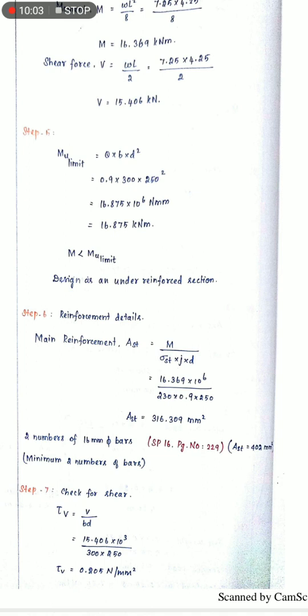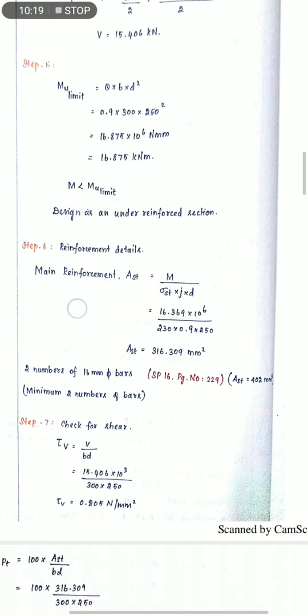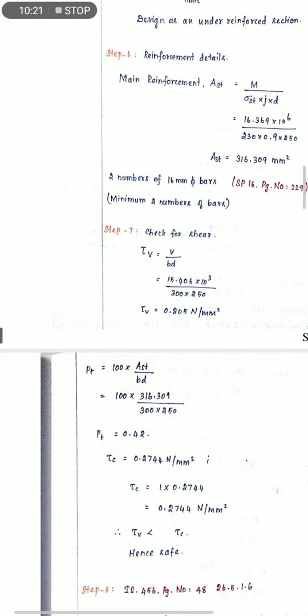As per SP16, the provided AST is two numbers of 16 mm dia bars, that is provided AST equal to 402 mm square, which is greater than the required AST 316.309 mm square.